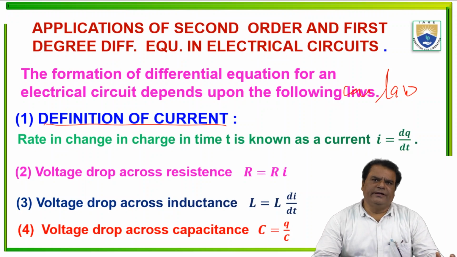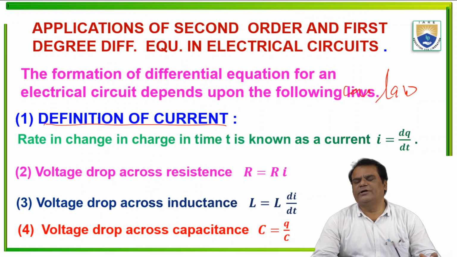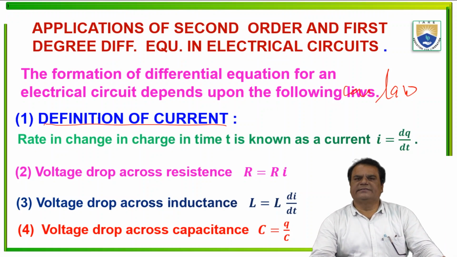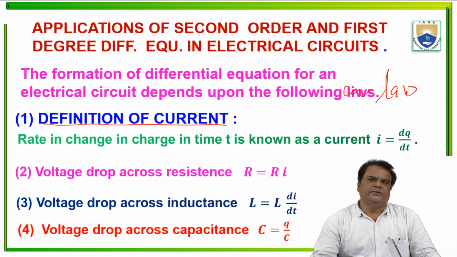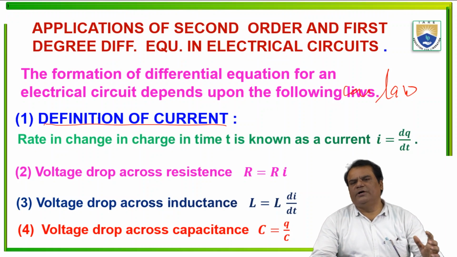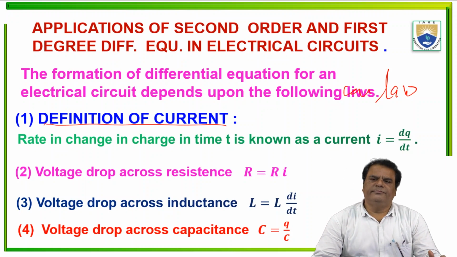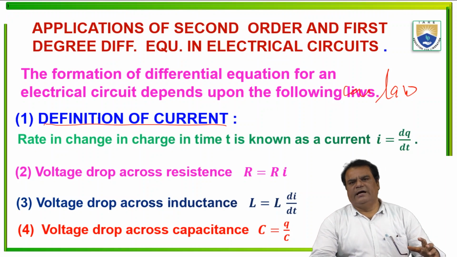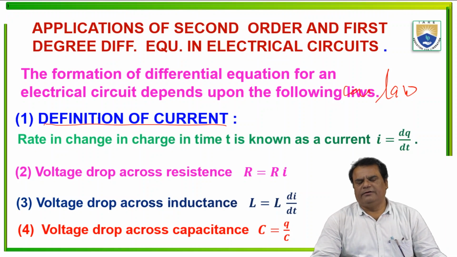In any circuit, without current, it is not complete. The first component of any electrical circuit is current. Without current, it is not possible to live these days.